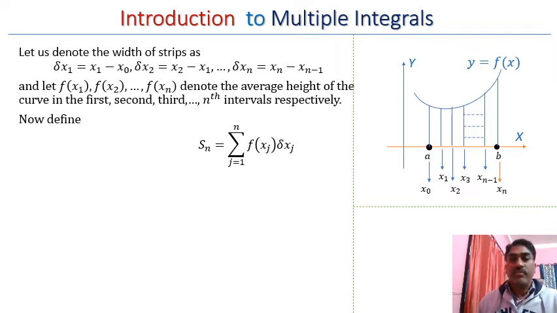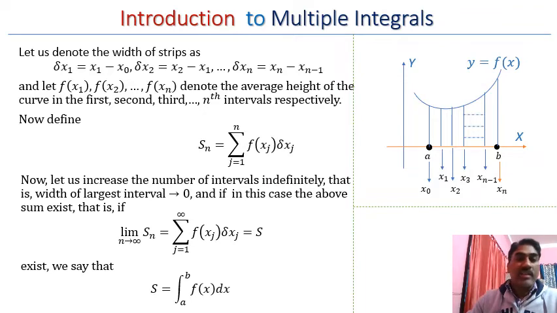Does this sum give the exact area bounded by the curve? The answer is no, because the average area of any strip is not exactly the area under the curve in that strip. So what do we do? We take infinitely many intervals, increasing the number of intervals indefinitely.